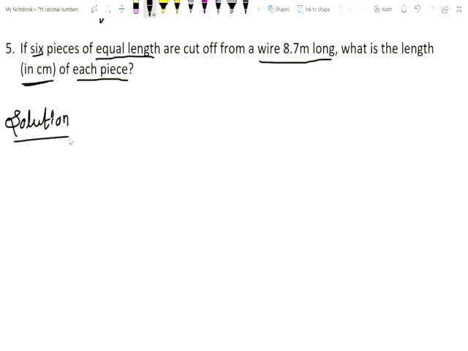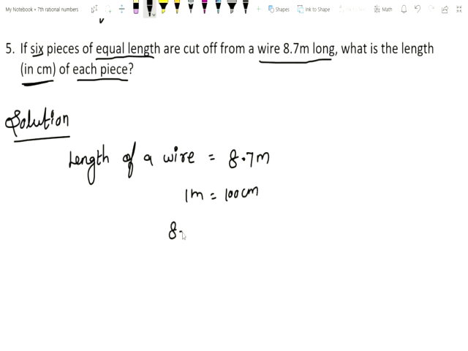Solution. So length of your wire equal to 8.7 meter. First you convert into centimeter because answer they asked in centimeter. 1 meter equal to 100 centimeter. 8.7 meter equal to 8.7 into 100 centimeter.